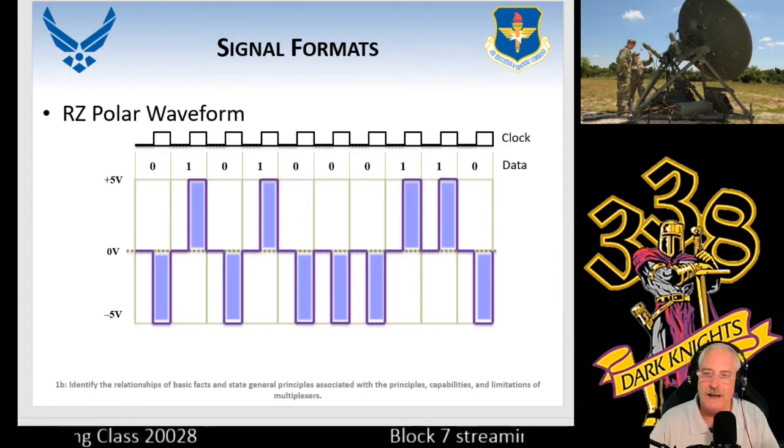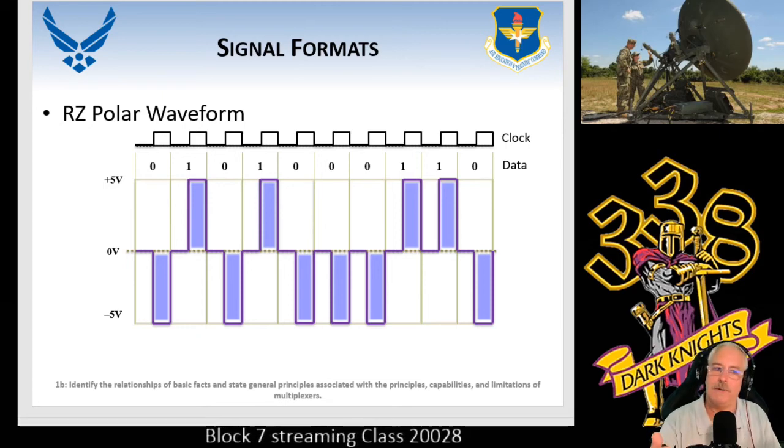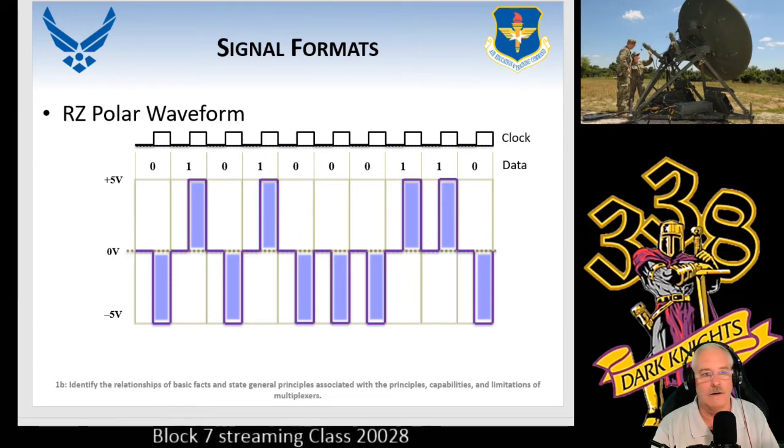Notice something happens every time there is a clock cycle, and halfway through the clock cycle it goes back to 0. So when we got 0, it's going to go to -5. Halfway through the clock cycle, it's going to pop up to 0. Hence the words return to 0. This is a self-clocking form of a signaling format.